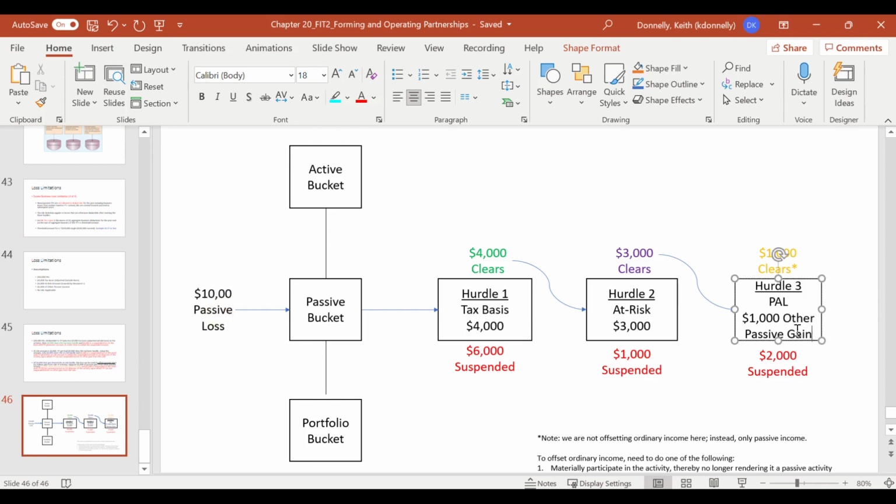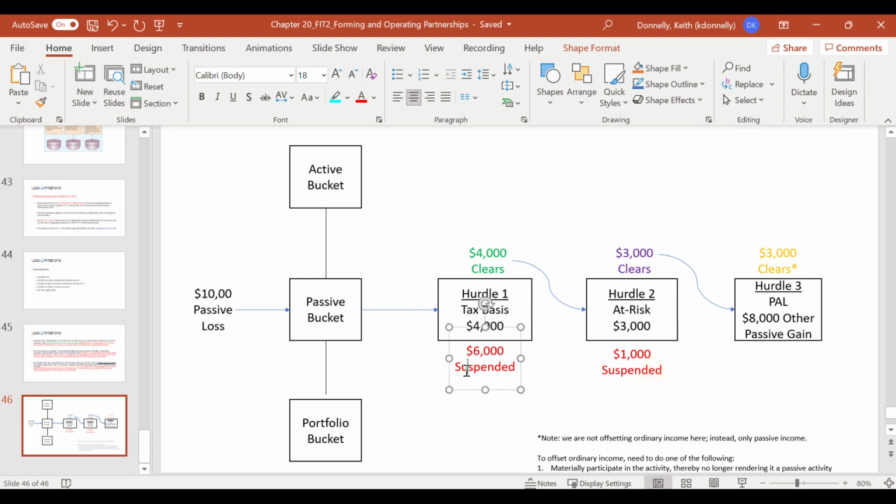The best we can do is offset that separate passive income we got. But in order to do that, we had to look at all the hoops we had to jump through. If this was something different, like let's say this was $8,000, well, 3,000 cleared. The best we can do here is offset 3,000 of it, meaning you'd still have to report 5,000 of the gain. So even though you had a $10,000 loss, you don't get to offset all of your $8,000 gain from the separate activity.